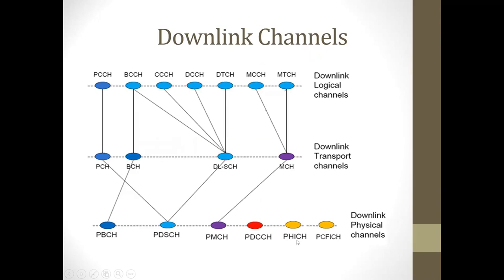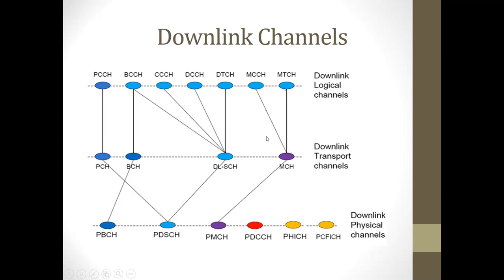Now you see that there are two other channels here. Now you can see that we have some other channel definitions at upper levels. Like from here, I mean, this is actually a connection from the MAC layer. And here you have at the RLC level.